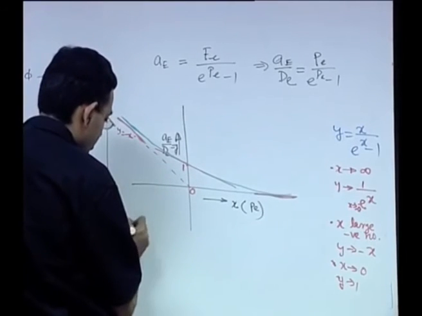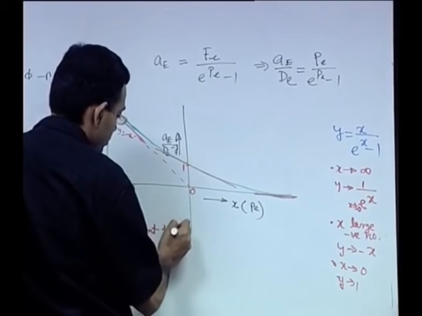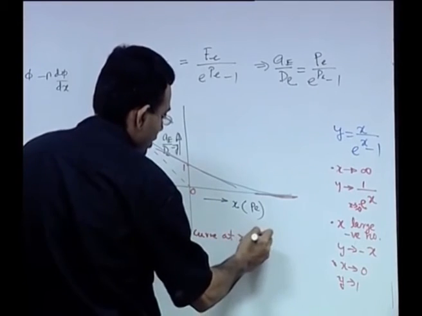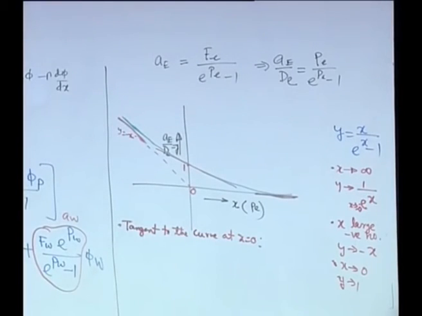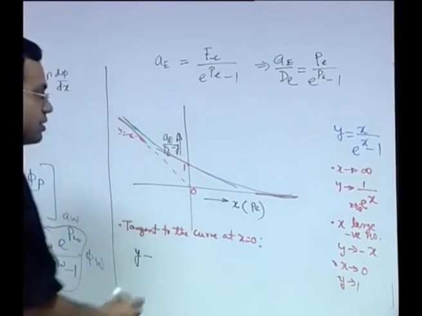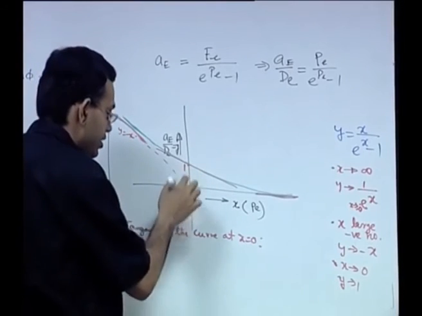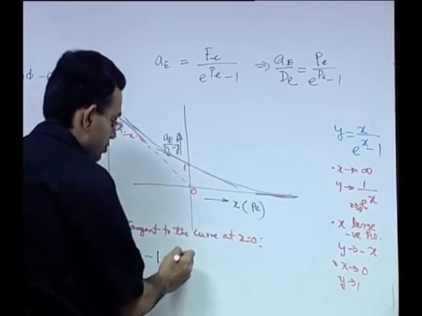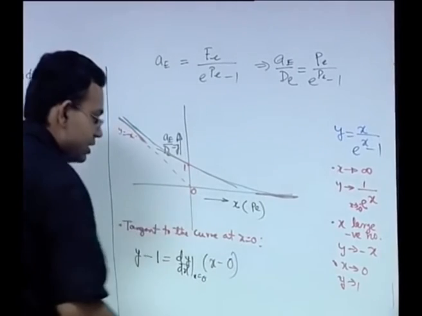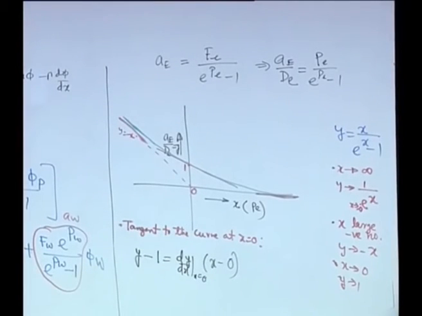So, tangent to the curve at x equal to 0, what is this? y minus y1, that is 1, is equal to dy dx at x equal to 0 into x minus x1, that is 0. Next, let us calculate what dy dx is at x equal to 0.